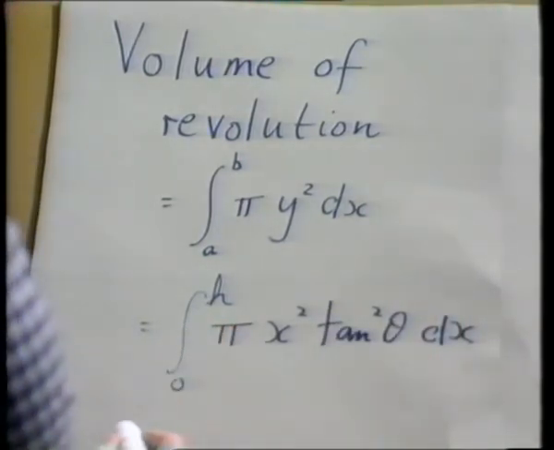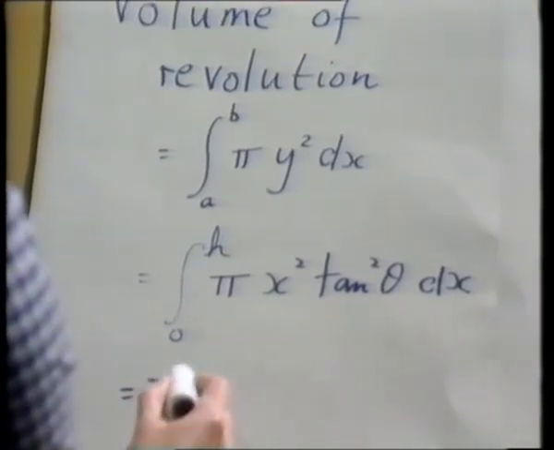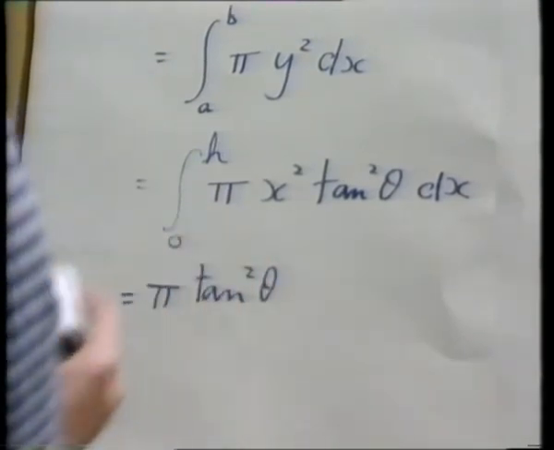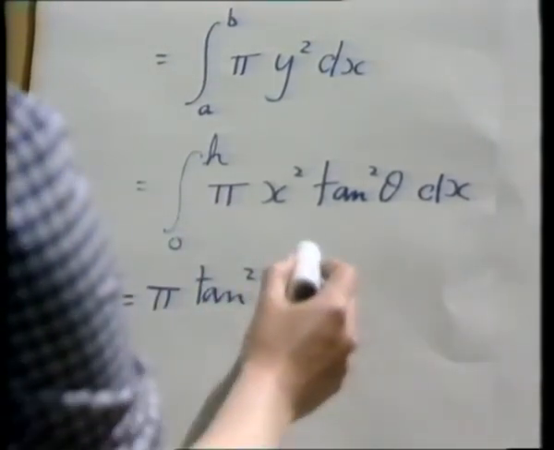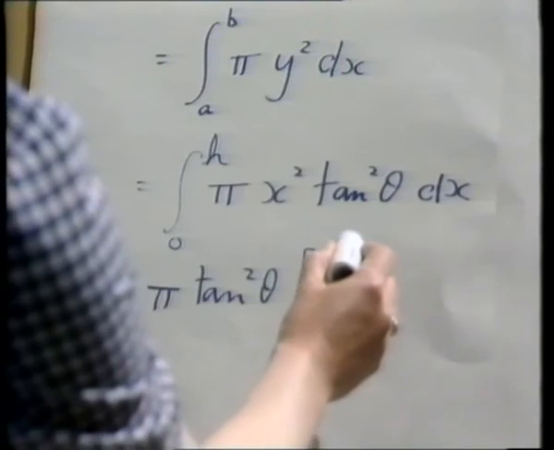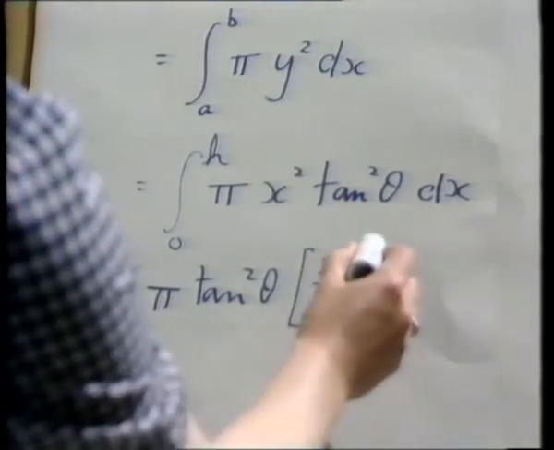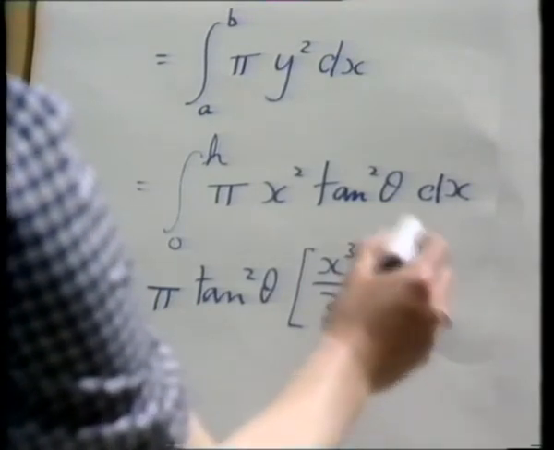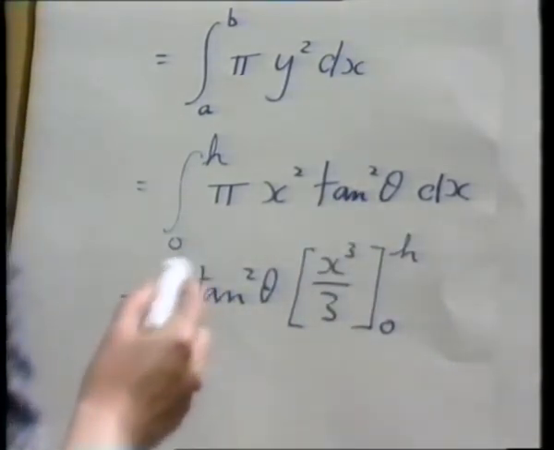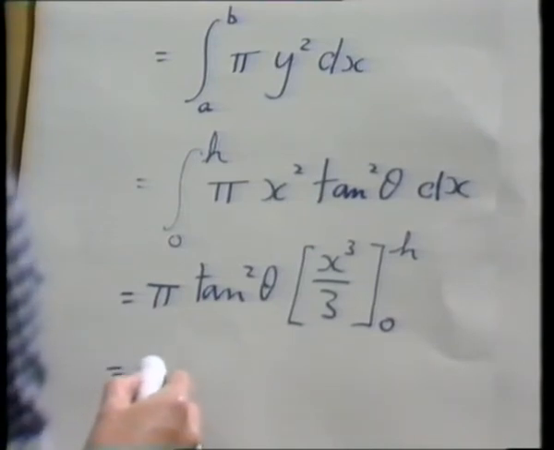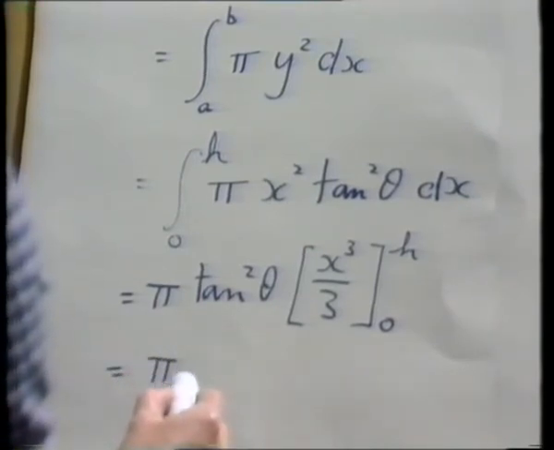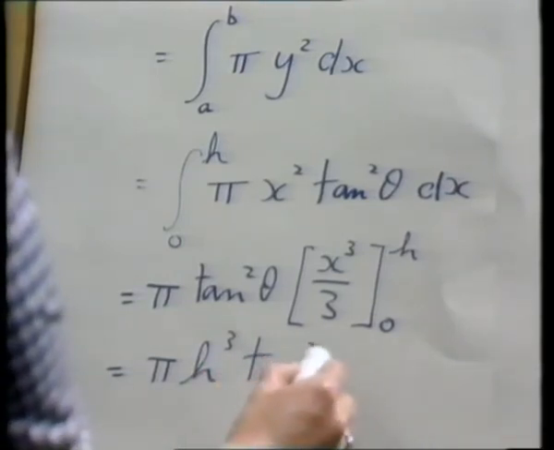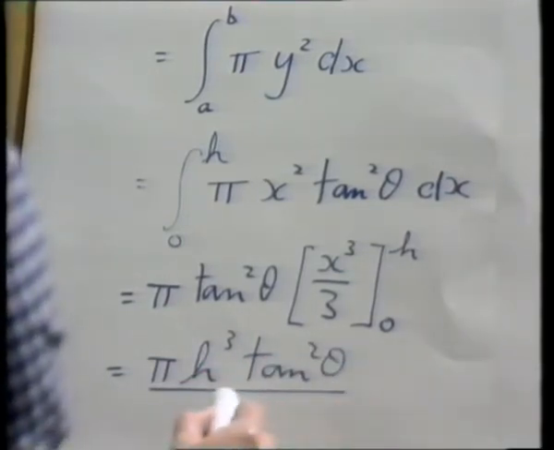Now, as before, pi tan squared theta is a constant. And x cubed over 3 is a primitive of x squared. And that's from 0 to h. Evaluating this gives pi h cubed tan squared theta all over 3.